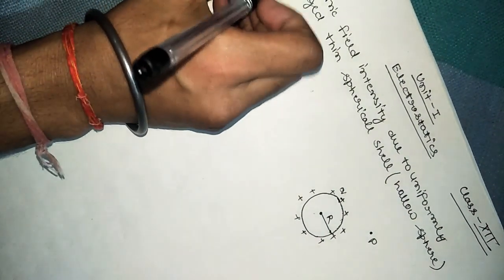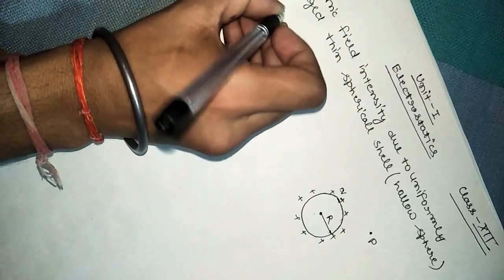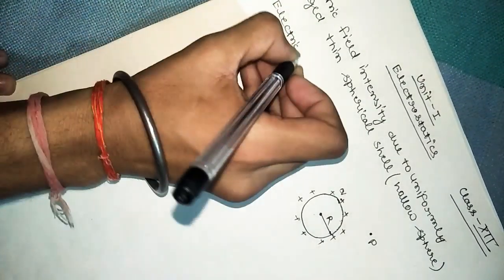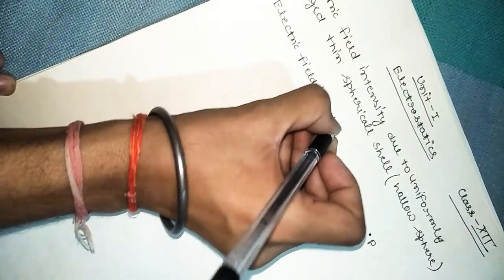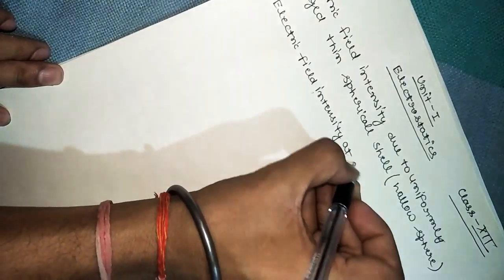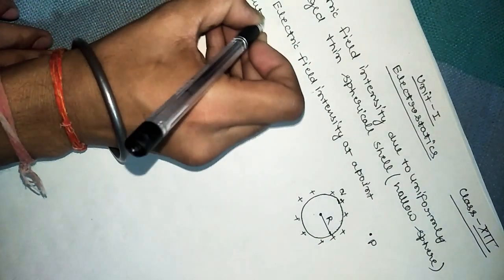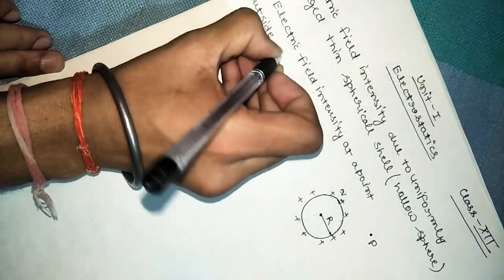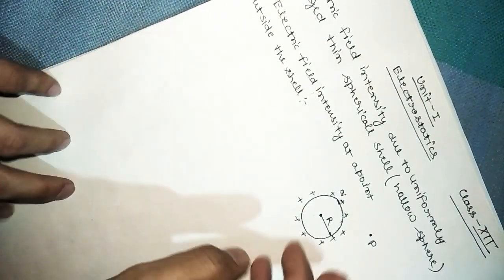So the first case we are going to discuss is electric field intensity at a point outside the shell. We are taking a point P outside the shell.